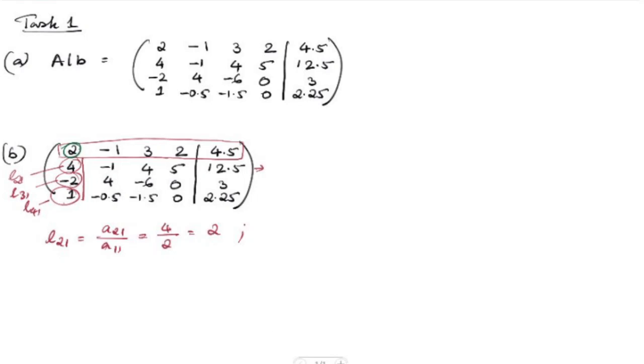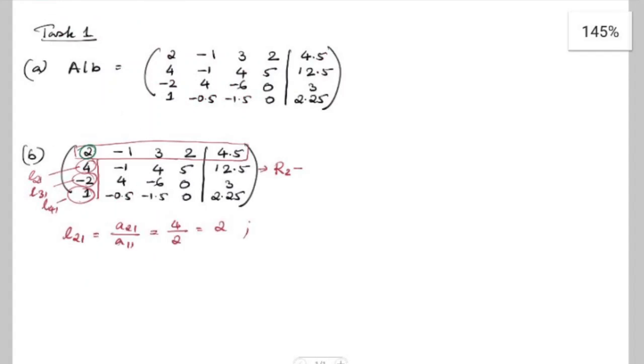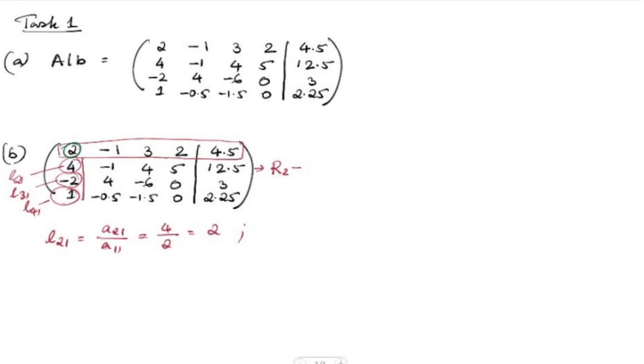What will be the operation? It will be row 2 minus L21, which is 2, times the frozen row, which is row 1. So that's the operation we will carry out for row 2.